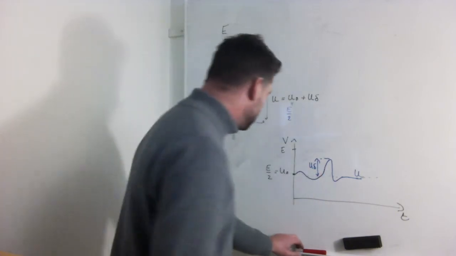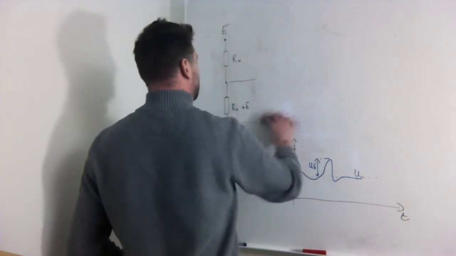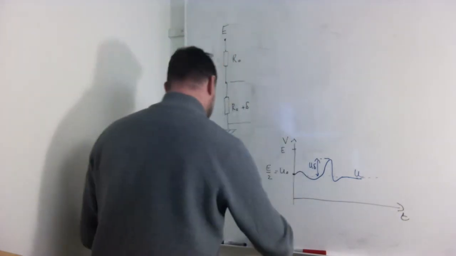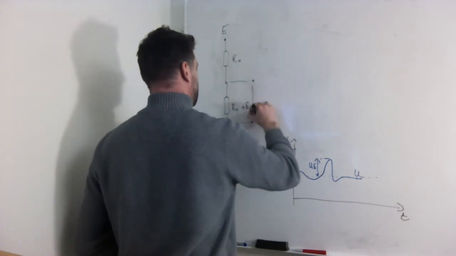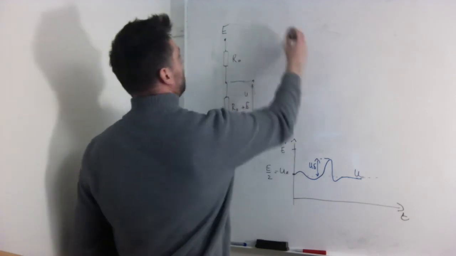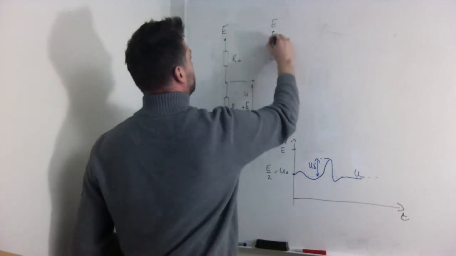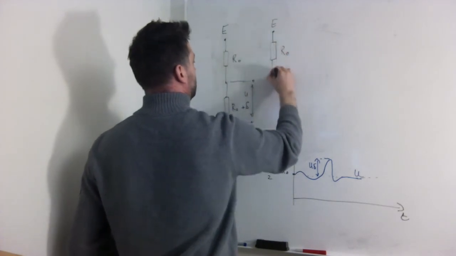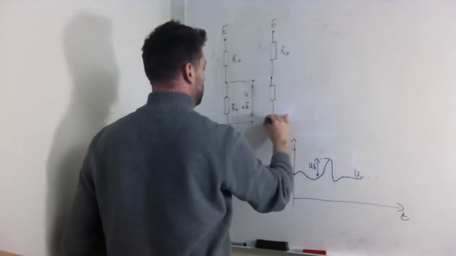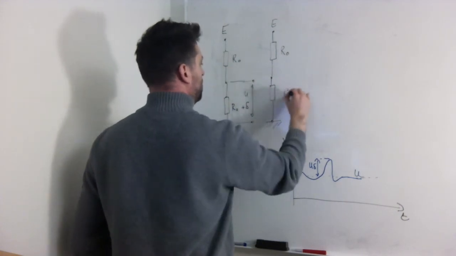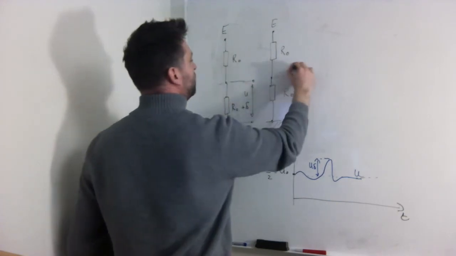One way of doing that is to keep on considering the same setup, but next to it, build an identical copy, now consisting of two resistors R0, such that at this point I know I will have a value E over 2.